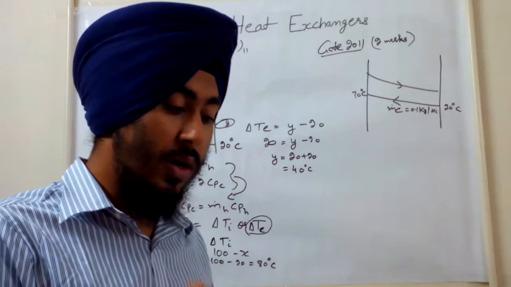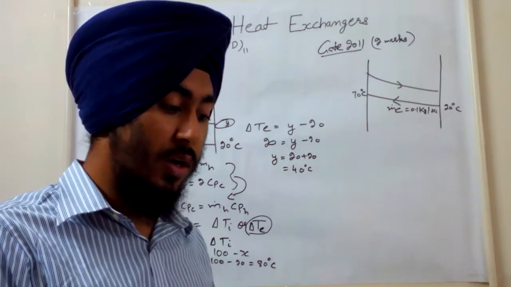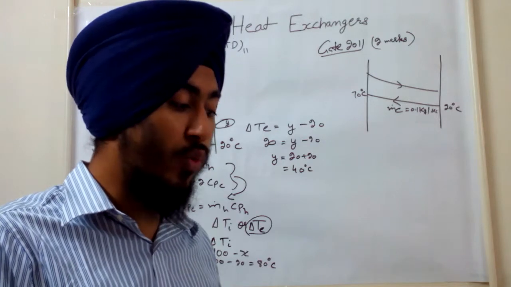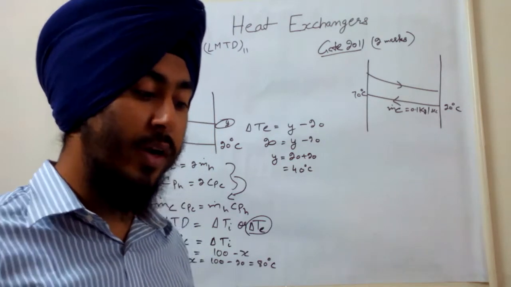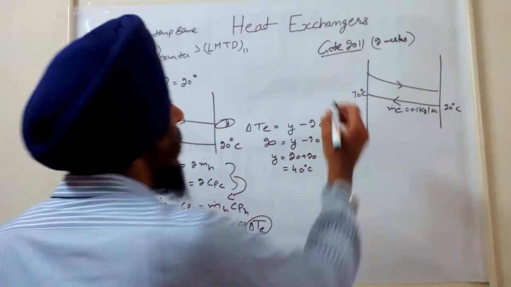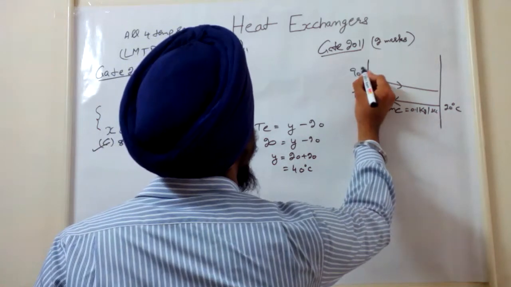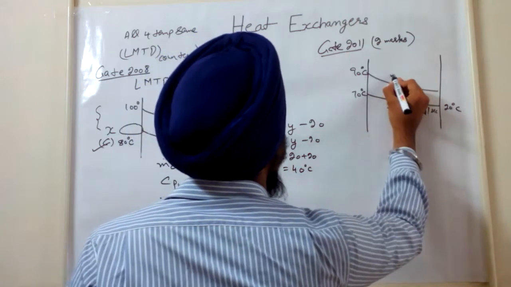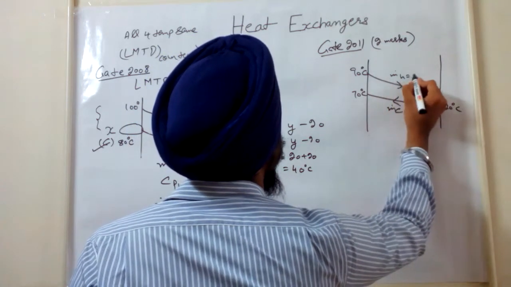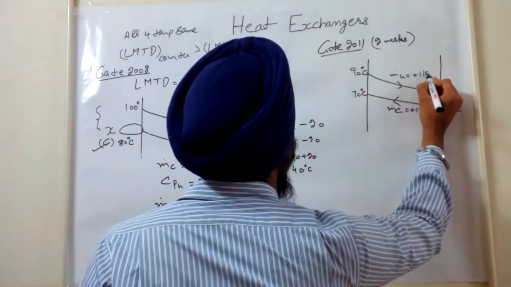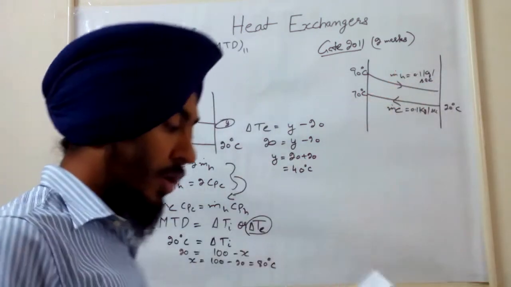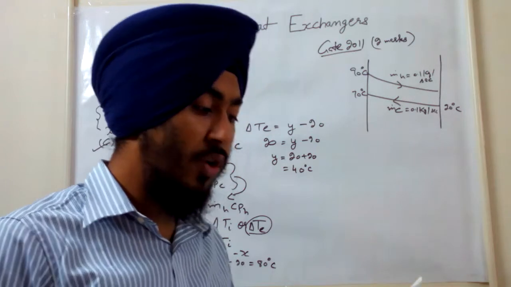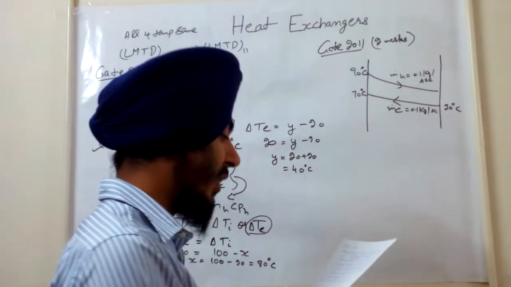Then they have given it is heated by a hot water stream flowing at 0.1 kg per second and entry at 90 degrees Celsius. These two mass flow rates are same. Then they have given us Cp of water and its density.